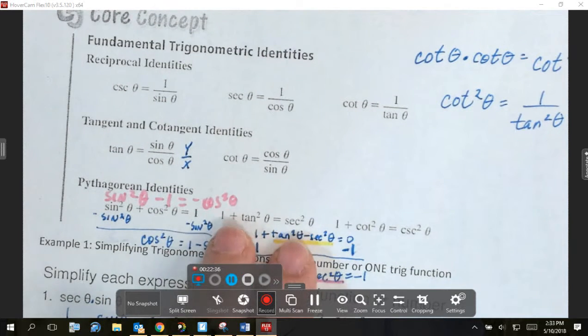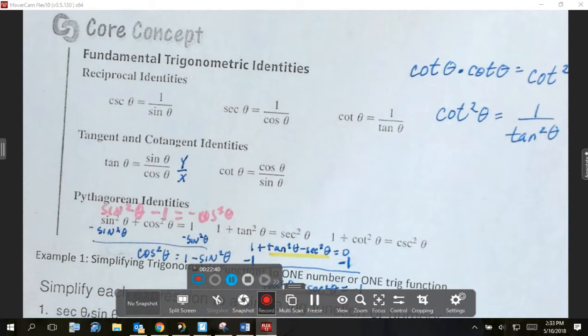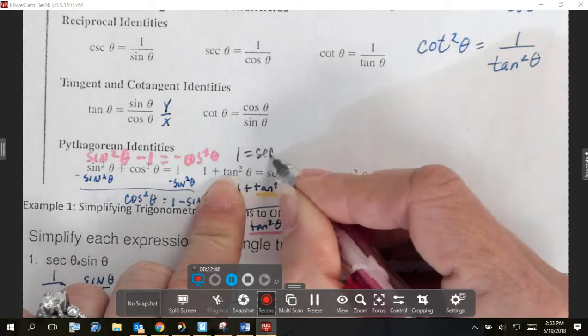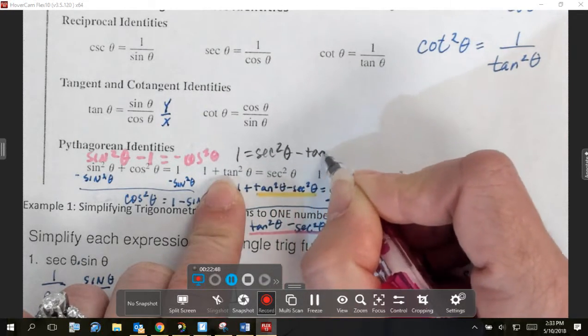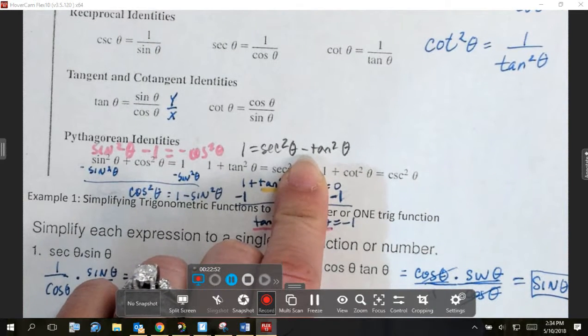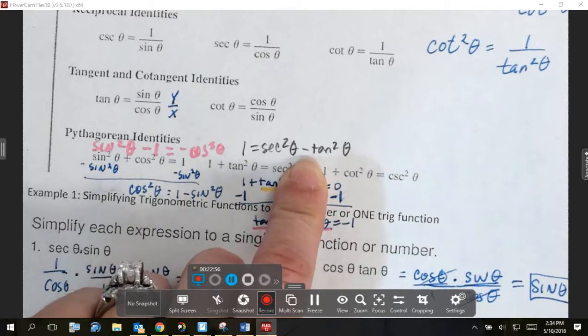If I put tangent and secant on the same side, I think I did that somewhere. No, that's minus. If I have 1 equals and I move the tangent over, I'll have secant squared theta minus tangent squared theta. Isn't that one of my parentheses I just had? The second parenthesis? So what does that second parenthesis equal?